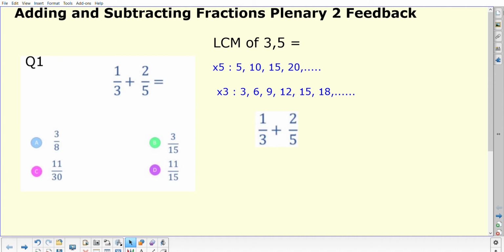So the process for doing that is that you look at your denominators, which in this case are 3 and 5. You then want to be changing those two fractions into an equivalent fraction that's got the same bottom number.